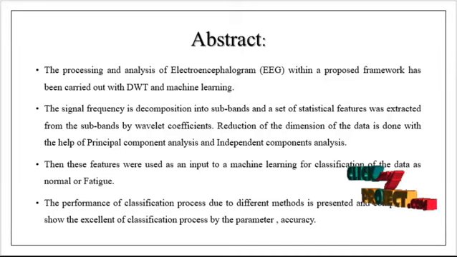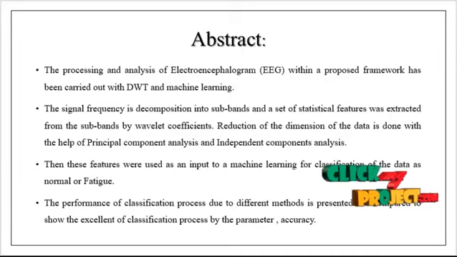Then these features are used as input to the machine learning classification method to classify the data as normal or fatigue. If the input signal is normal, the message box will indicate normal. Otherwise, if the signal is a fatigue signal, the message box will alert as abnormal or fatigue data.